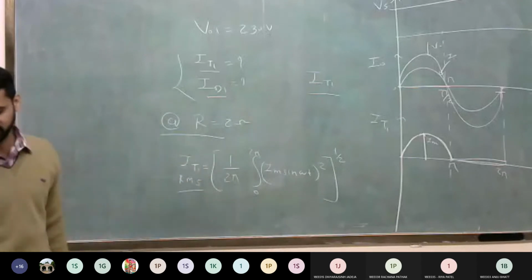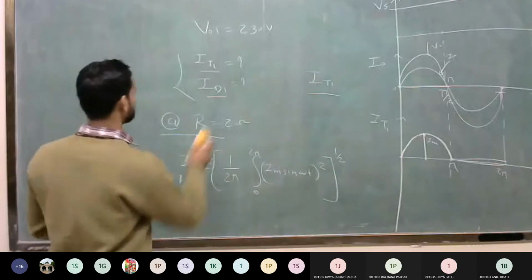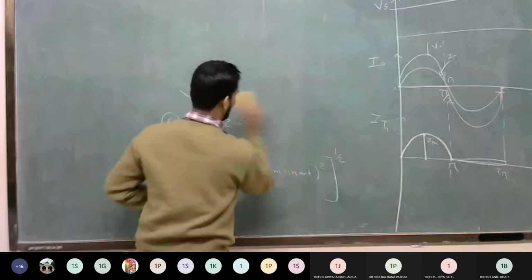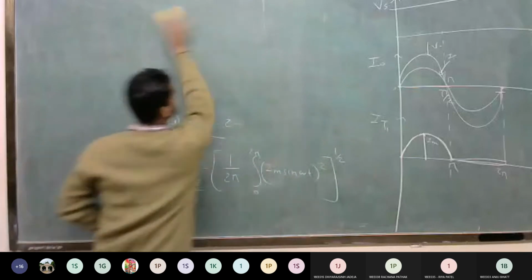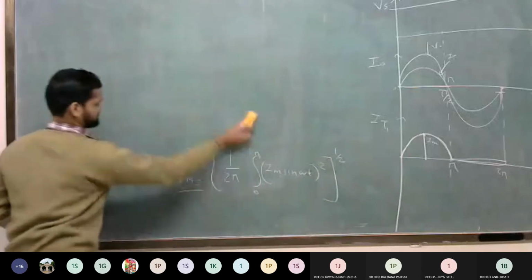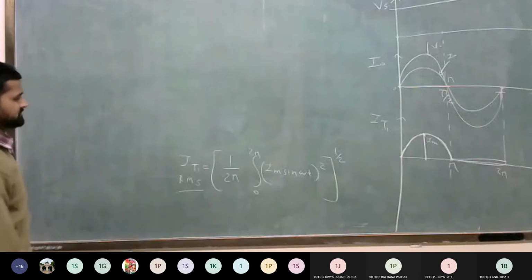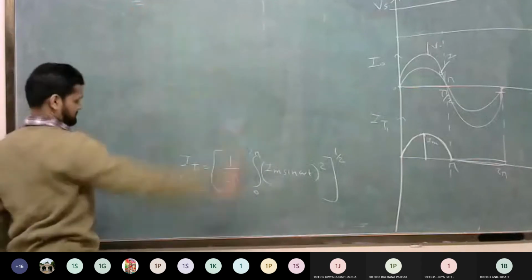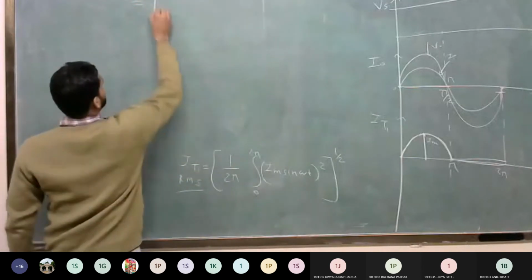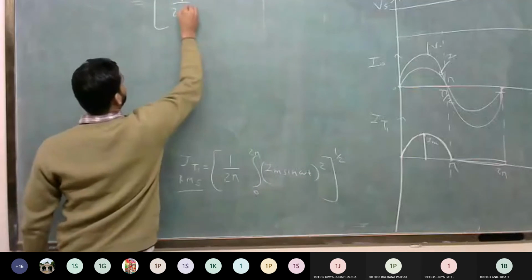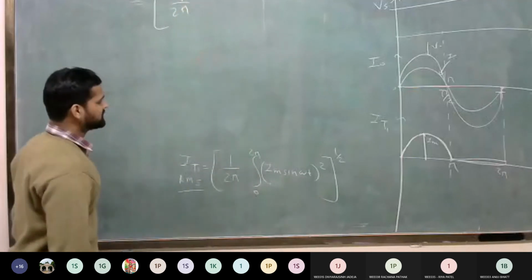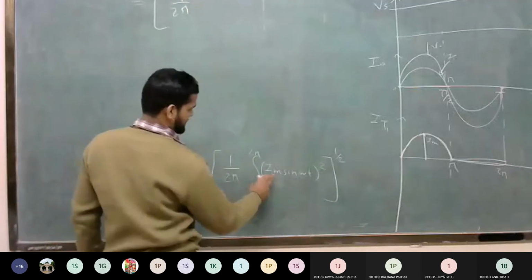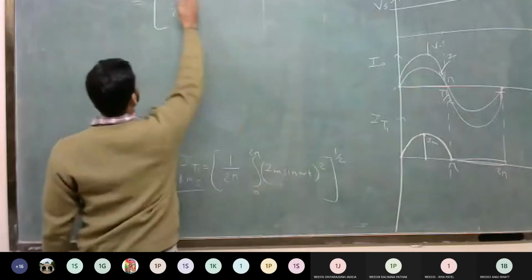Now solve this equation and give the answer. What is the half wave RMS value? 1 upon 2 pi, integration Im square sin square omega t.